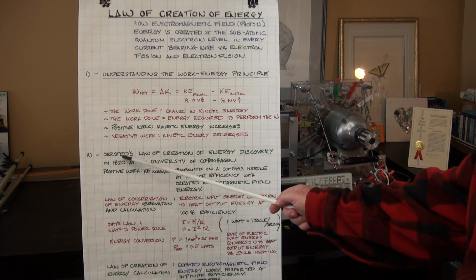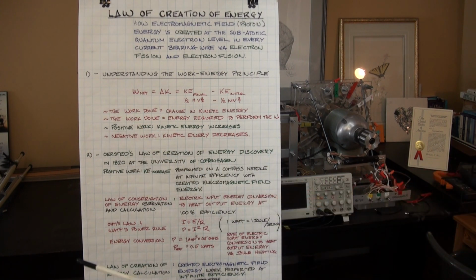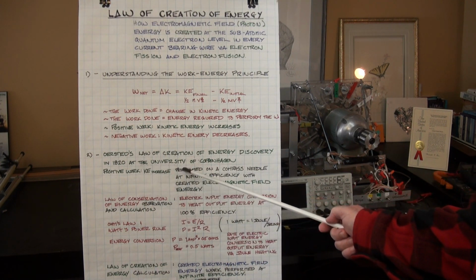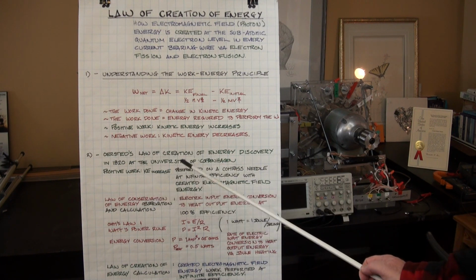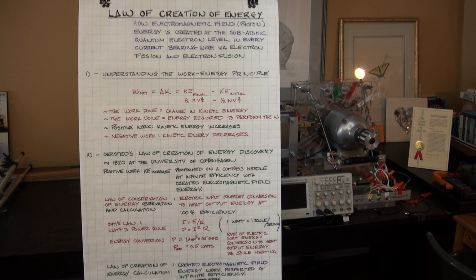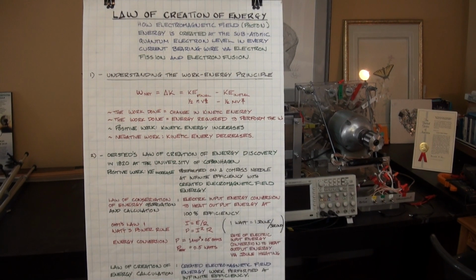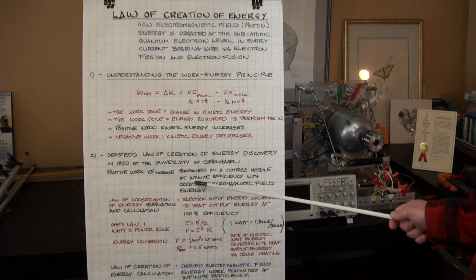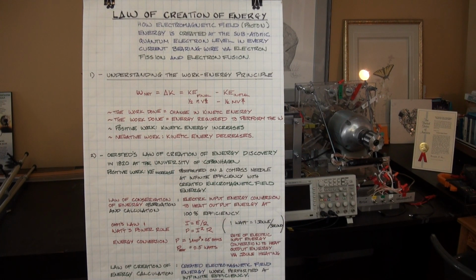Now, Hans Christian Ørsted originally discovered the law of creation of energy in 1820 at the University of Copenhagen, when he created electromagnetic field energy in order to perform positive work and increase the kinetic energy of a compass needle.